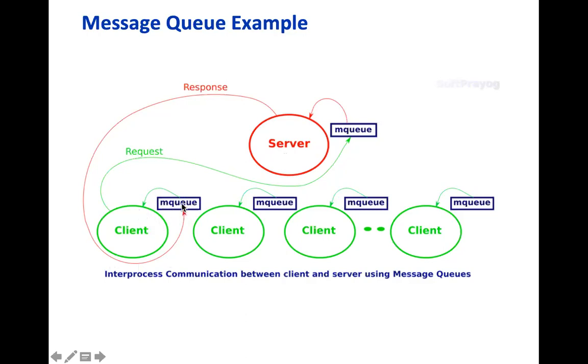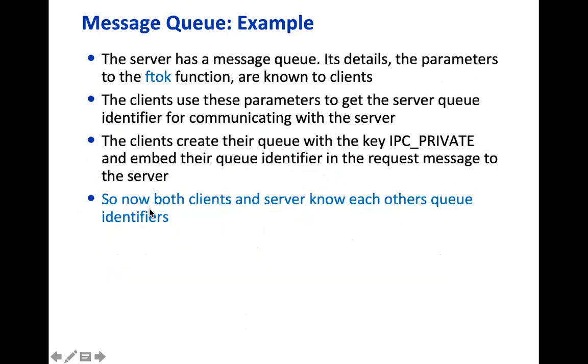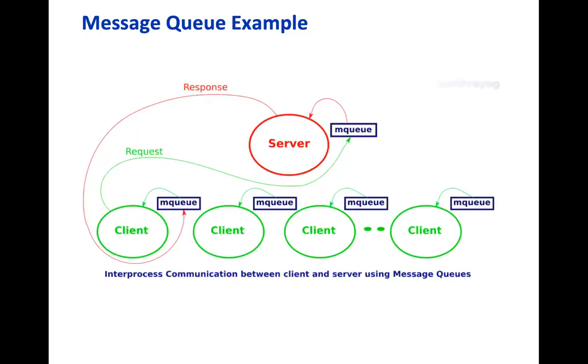Another way is of course the one which is shown here, which uses a private key, but embeds their unique queue identifier in a request message. I don't know how the request message will go, but let's assume that server comes to know about client's message queue ID. Now, once message queue ID is created with server and clients, by simple reading and writing into the message queue, writing and reading communication can happen.